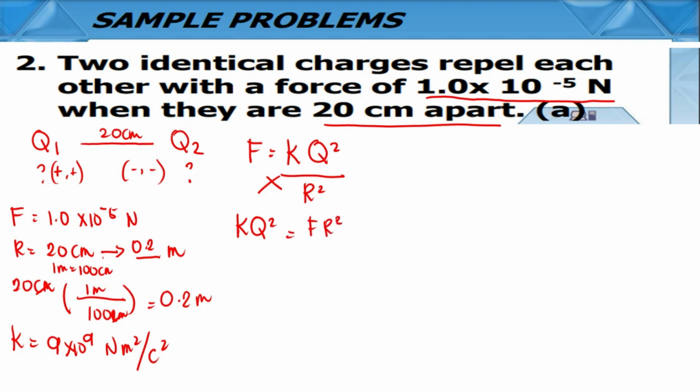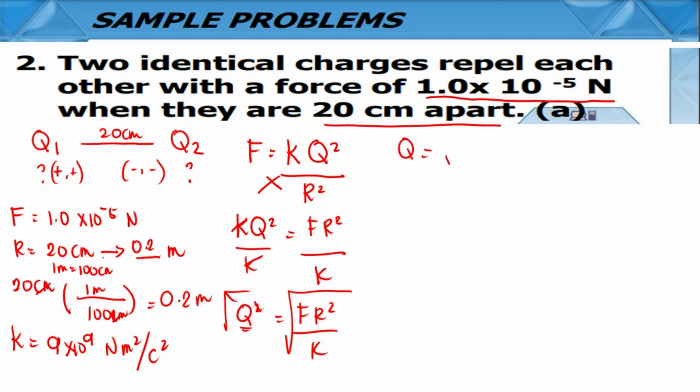Since we're looking for Q, divide both sides by K, so we can cancel it here. We have Q squared is equal to FR squared over K. Since we are looking only for Q, all we have to do is extract the square root of both sides. So your Q formula now will be Q is equal to the square root of FR squared over K.